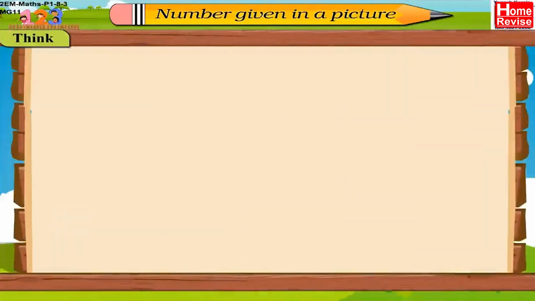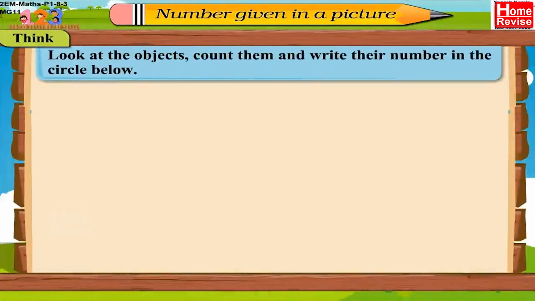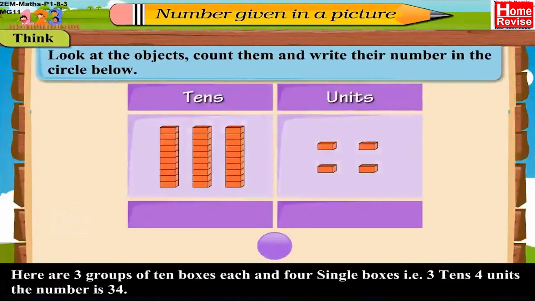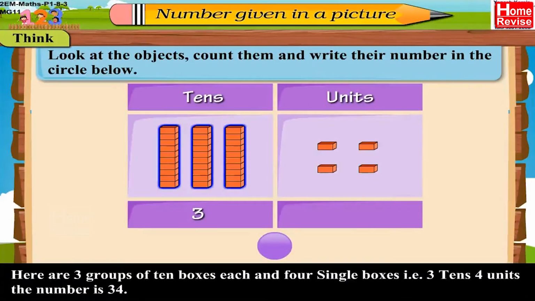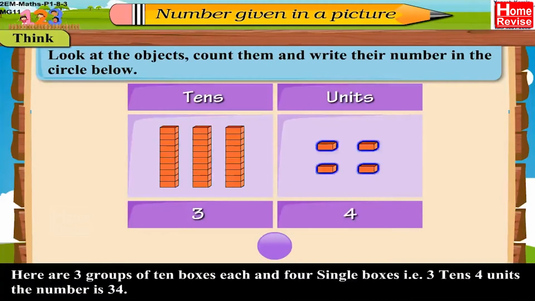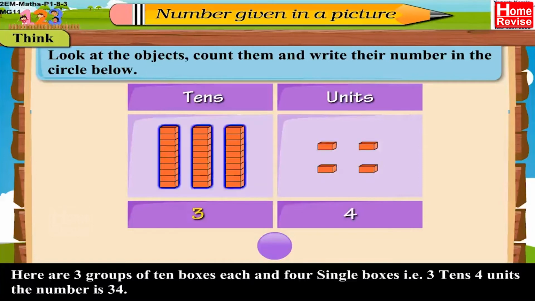Think. Look at the objects, count them, and write their number in the circle below. Here are 3 groups of 10 boxes each and 4 single boxes, that is 3 tens, 4 units. The number is 34.